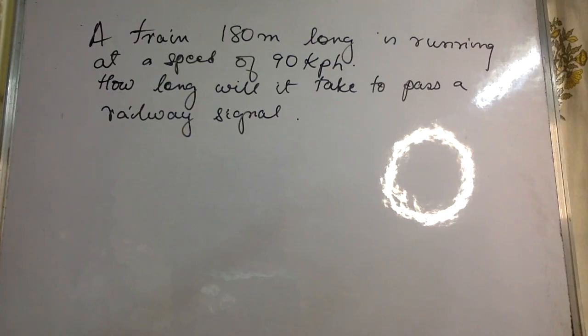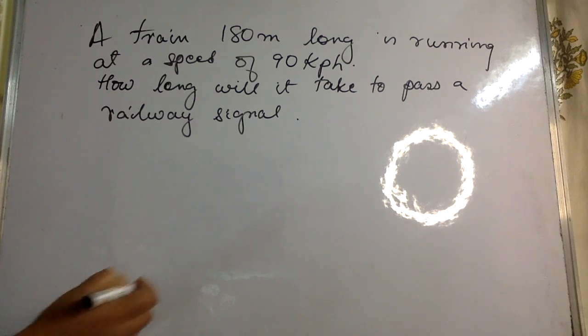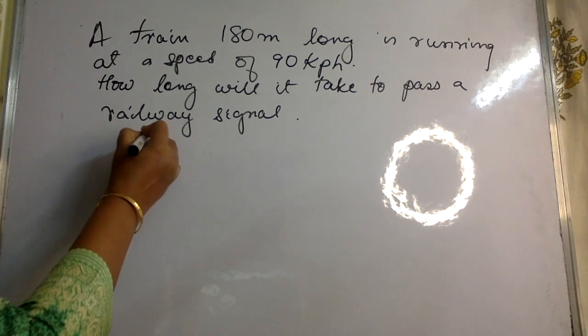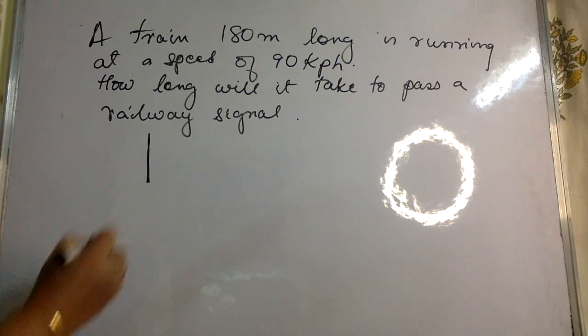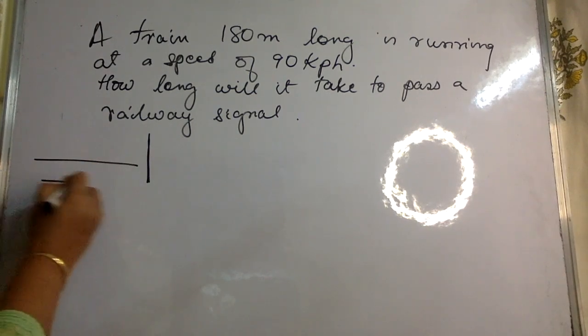Okay, so this is the first question. A train 180 meters long, running at a speed of 90 kilometers per hour. How long will it take to pass a railway signal? Here, a railway signal is like a lamp post. The train is coming from this end.